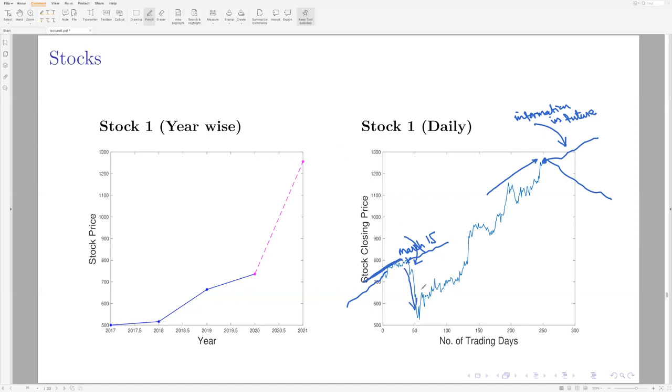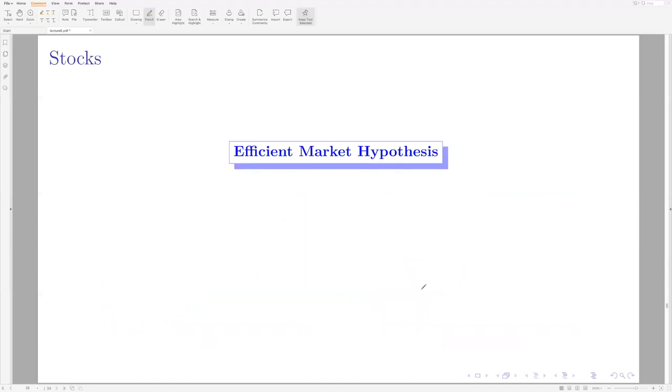So this is the efficient market hypothesis. You cannot see the past and then think that in future the stock will go up. You should always see what information is going to come in future. But unfortunately, what information is going to come in future is not known today. Therefore, you cannot predict the market.